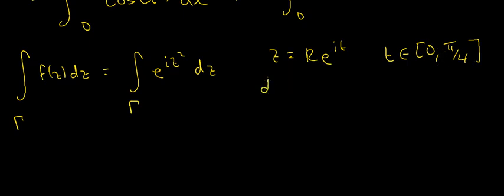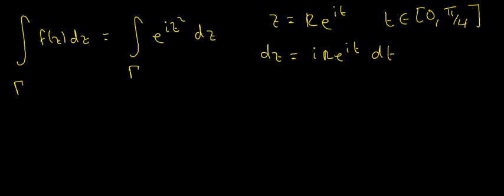And if I differentiate z with respect to t, I'm going to get dz by dt, which is equal to i r e to the it dt. If I plug this back into my integrand to see the effects of the substitution, the lower limit is just going to be t equals 0, and the upper limit is going to be pi over 4, so I'm integrating over this whole curve gamma. And what's e to the i z squared going to become?